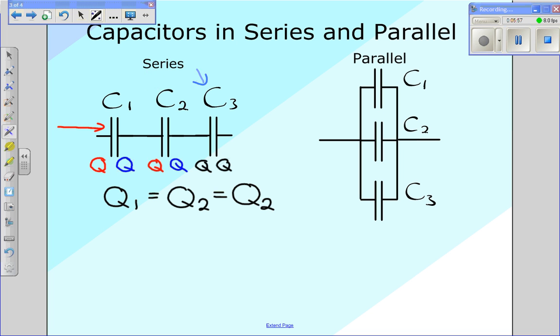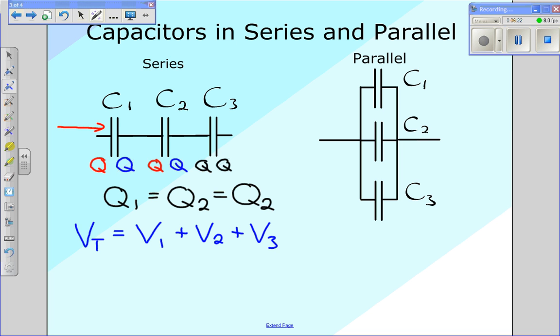Excellent. So what we also have is that the voltages of these individual capacitors add up to the voltage of the battery. Voltage total is equal to V1 plus V2 plus V3.